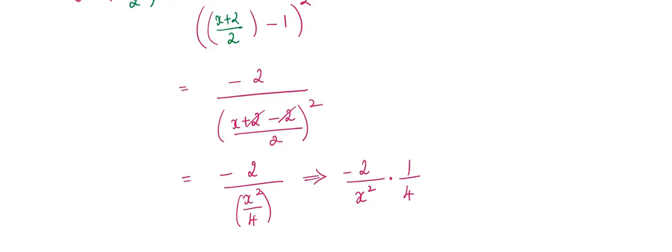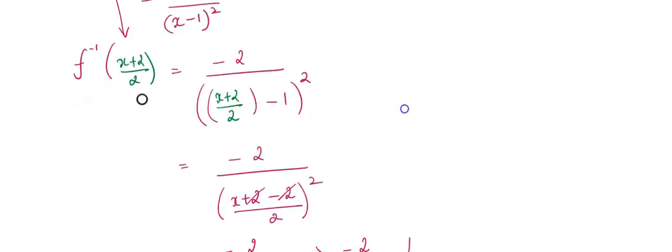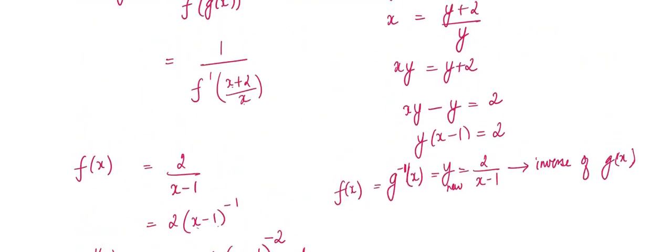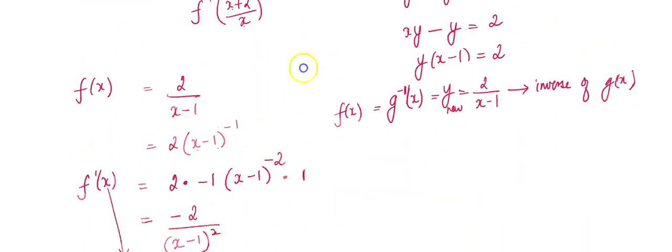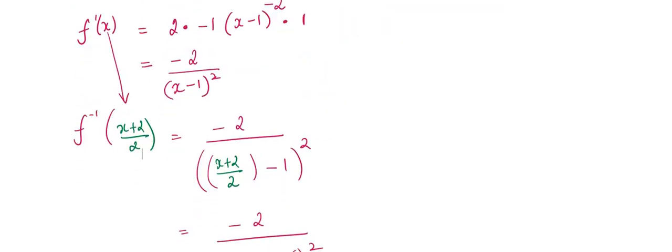I just realized that I had made a grave mistake. It was x plus 2 over x, not over 2, as I had mistakenly written here. Sorry about that. That's going to be x, not a 2.